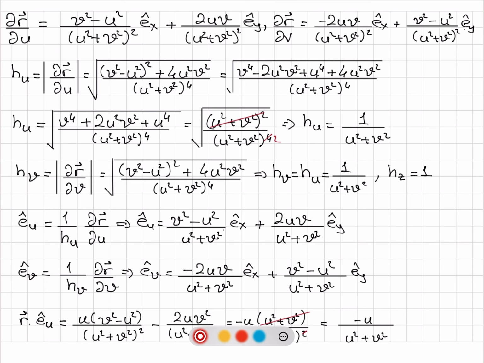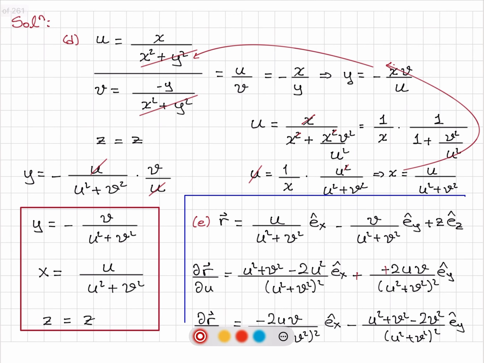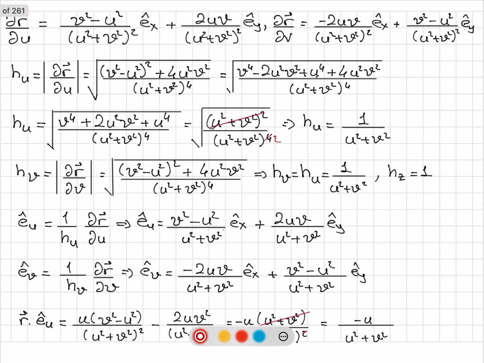Then I have to take the component of the position vector in EU hat direction. So take a dot product of this vector with the EU hat vector that I have obtained here. And the way to do that is basically we have to multiply the x components. So x component here is minus 2uv multiplied by u, and for EU hat, it's v squared minus u squared multiplied by u, and that's what I have here.